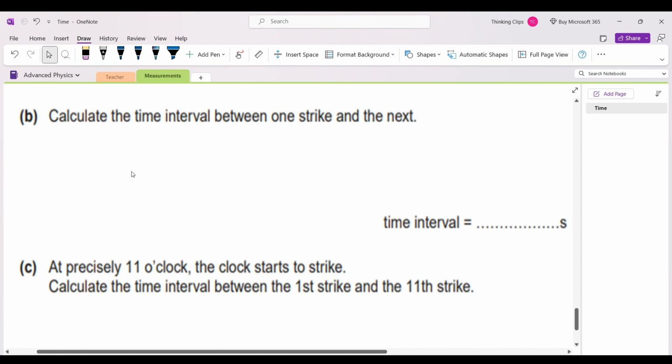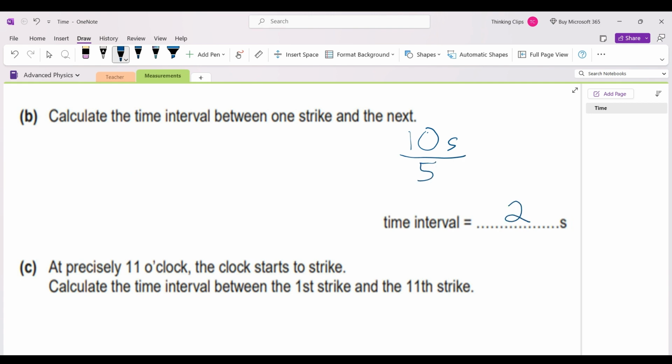If you think the strike is dong, dong, dong, dong, dong, dong, between each of those dongs, we had 5 intervals. So what we can say is we need to divide the 10-second time interval between the 5 intervals. And so our answer will be 2 seconds.